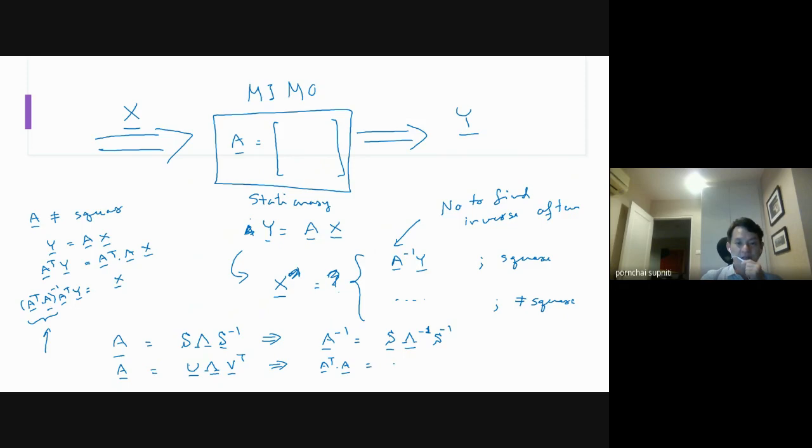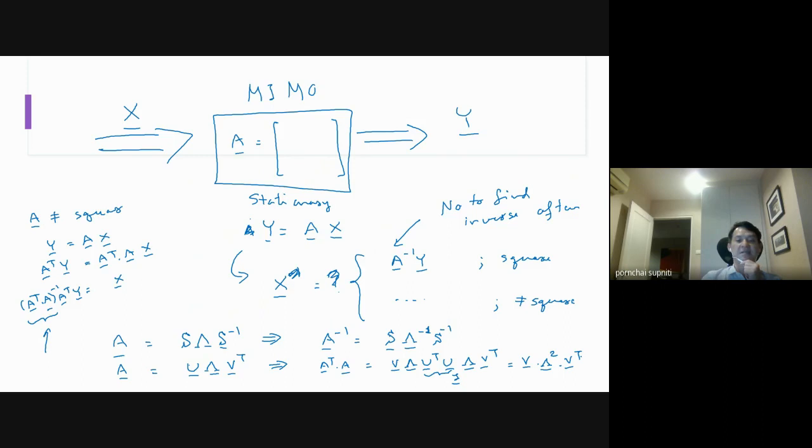We get V times these times U transpose, and A is U, these, and then V transpose. So this thing becomes identity, and you will have V times the eigenvalue matrix squared times V transpose.